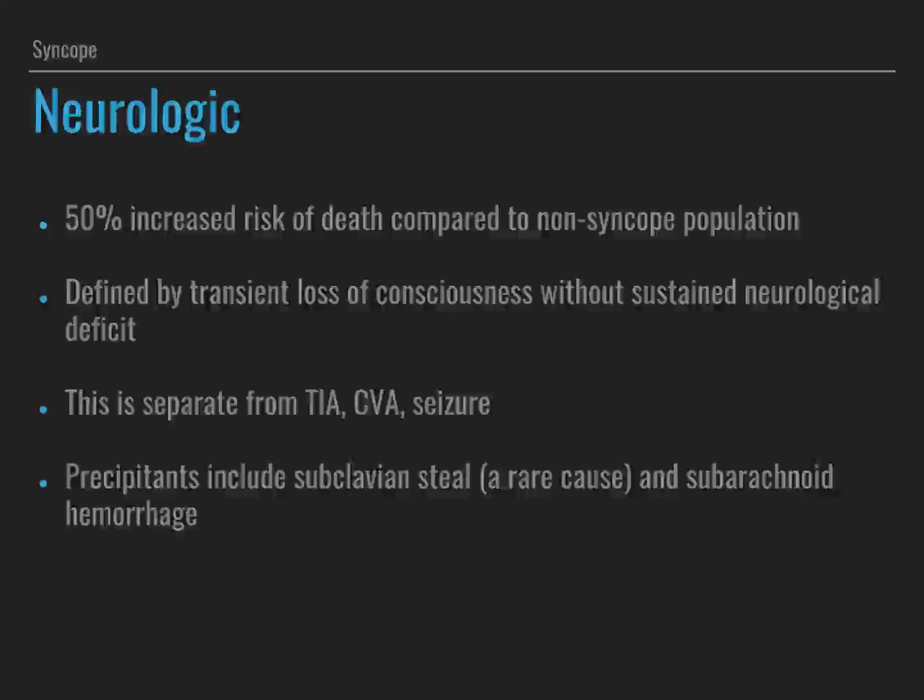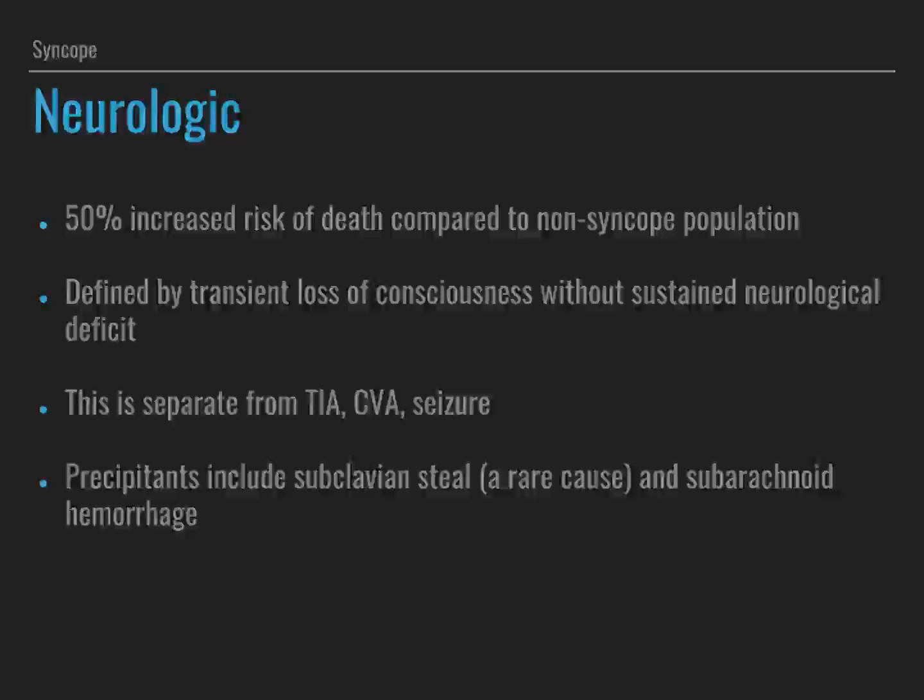And sometimes one of the hardest things to do in these patients is to figure out, did this patient syncopize or did this patient have a seizure? So if you've got somebody that's coming in that had a history of observed rhythmic or abnormal muscular movements that were stereotypical for either tonic-clonic episodes or fluttering of the eyes or a focal neurological deficit, or they had a postictal period, or they bit their tongue, or they lost urinary continence, that pushes you more into, I suspect this may have been a seizure episode.